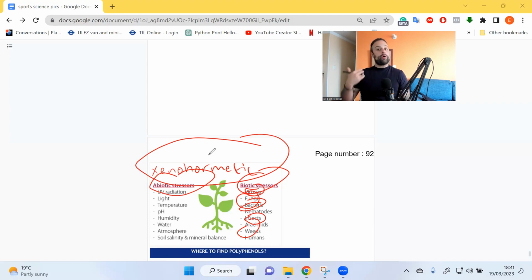Now, these xenohormetic molecules are beneficial for human beings. We have done studies showing that when we consume them, it's like, how do I explain this? It's like a low stress to a human being. It's building up your defense mechanisms in your body.